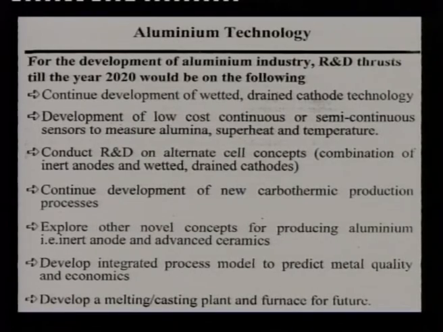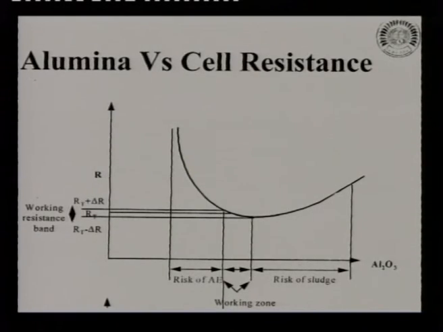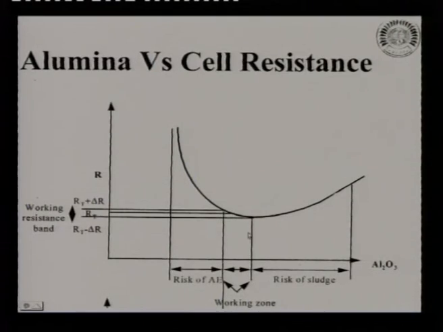There was a list of R&D thrusts that I discussed, all related to what I just mentioned, and then discussed the very tricky operation in aluminum cells. There is a very small window. The working zone is very small.